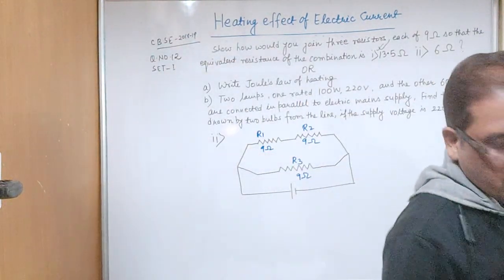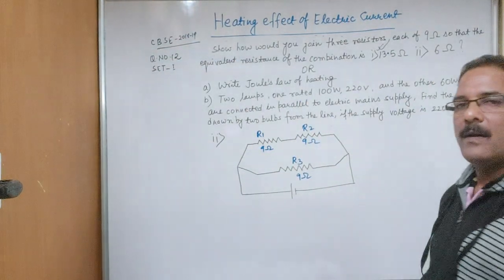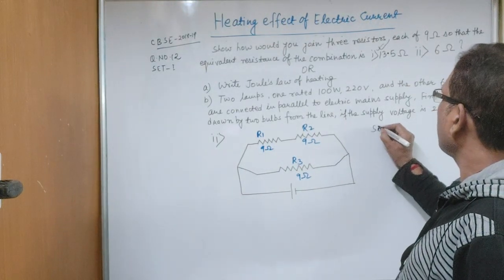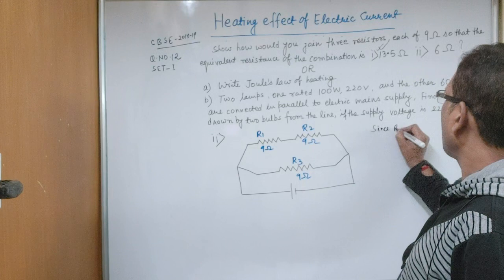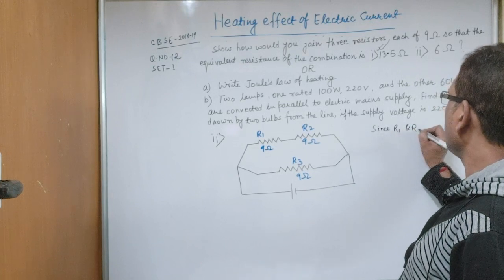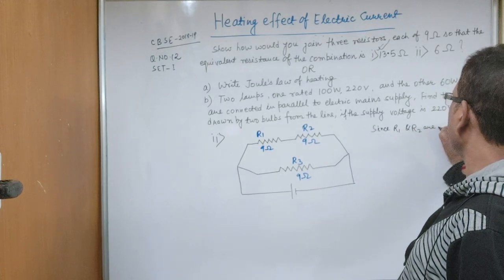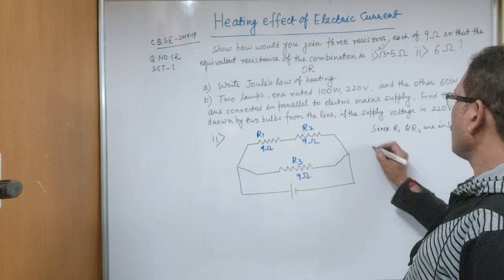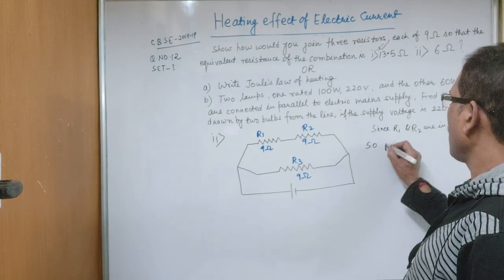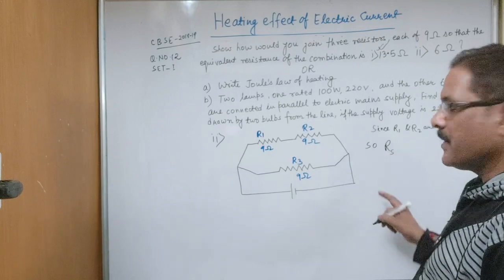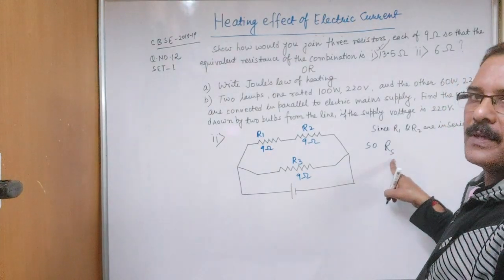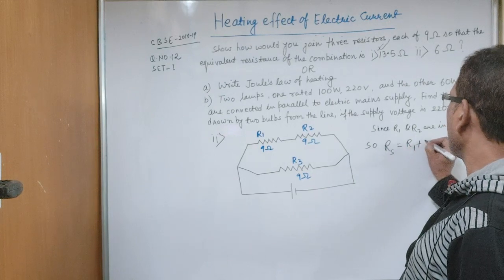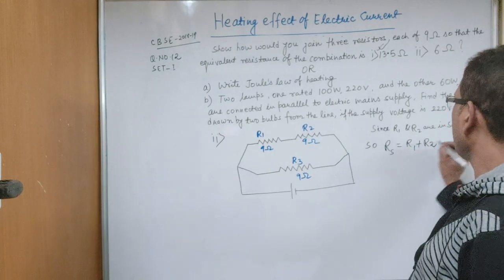So in such a combination, find the equivalent resistance. Since R1 and R2 are in series, RS, the equivalent resistance of the series combination, will be simply equal to R1 plus R2.